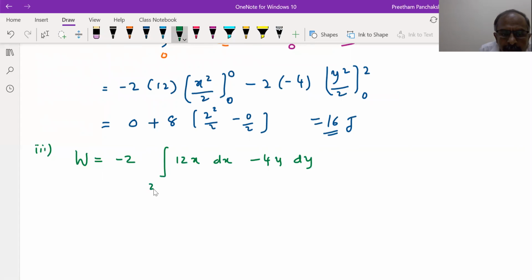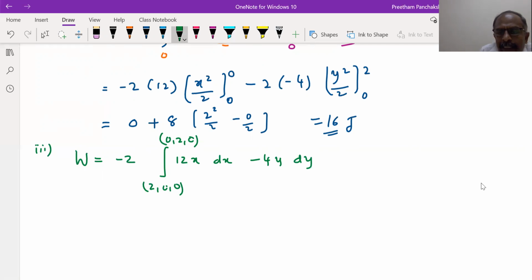So you are going from 2, 0, 0 to 0, 2, 0. In this particular case, we should not separate the 2 terms and integrate, because if we separate the first term, then the limit will be from 2 to 0.